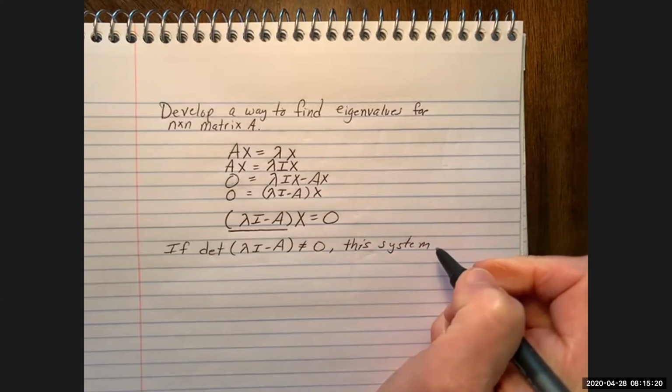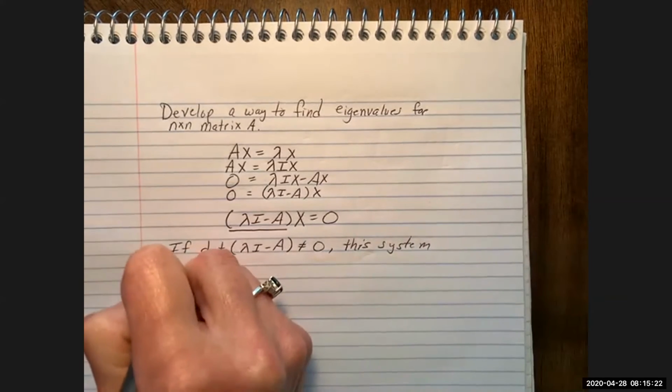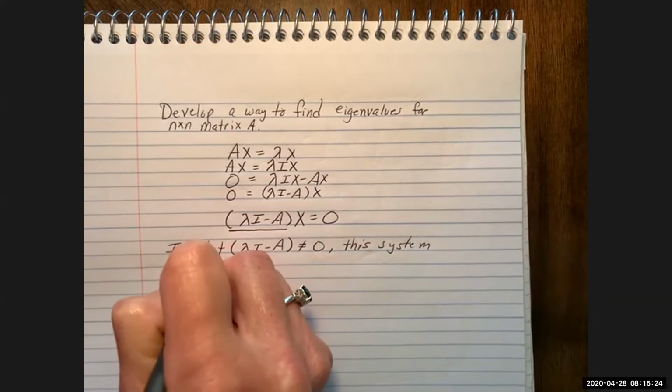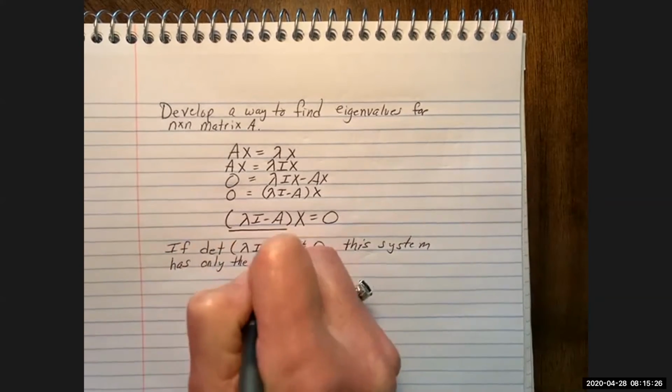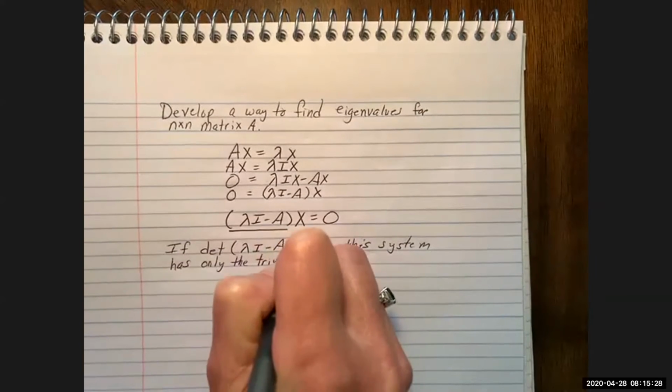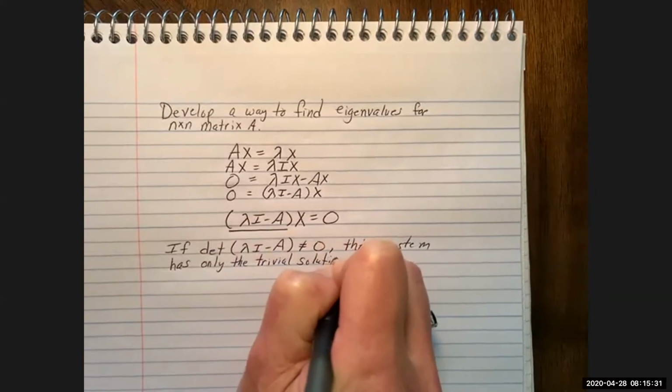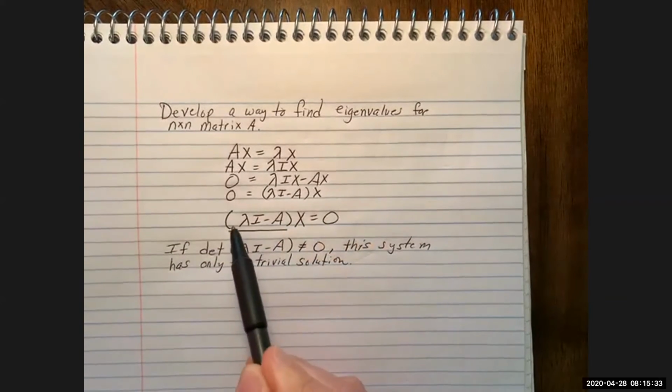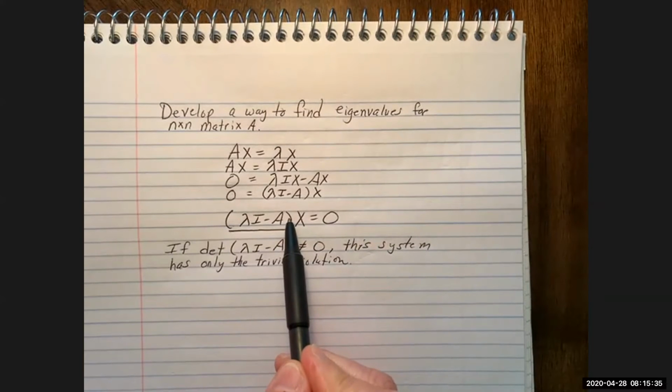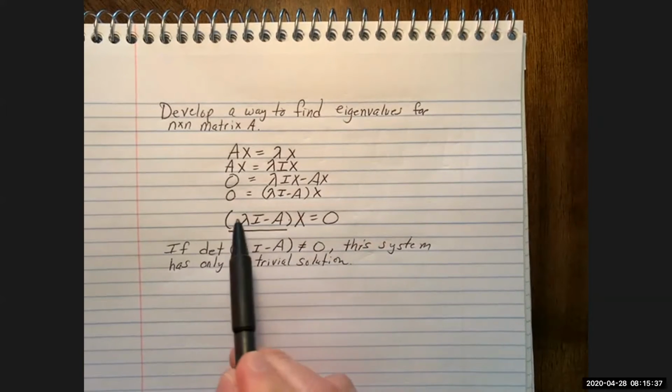Crickets. Okay, it has only the trivial solution. Right? If the determinant of this matrix is not 0, then the homogeneous system has only the trivial solution.